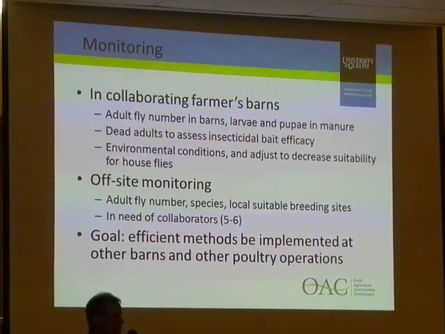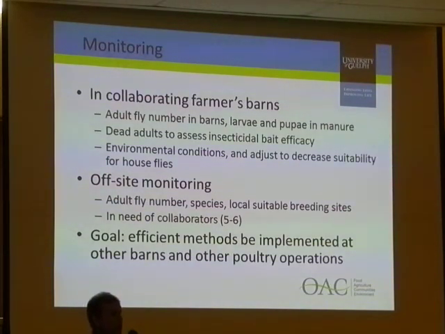We're monitoring the number of larvae in the manure by collecting some known volume of manure and counting the number of pupae and larvae there, as well as monitoring the effect of the parasitic wasp by adding some pupae from the colony in a small mesh bag, and then seeing if they are actually parasitized. We're monitoring the environment, like temperature and humidity of the barn, because that can have a big effect on fly numbers.